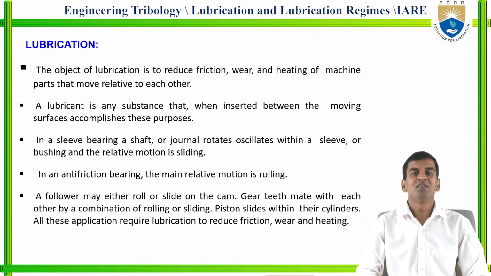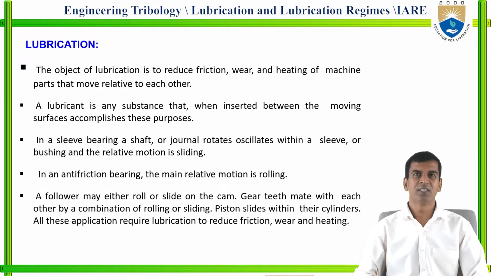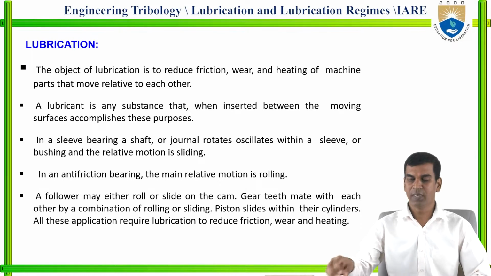A lubricant is nothing but a substance which is inserted between two surfaces which are in relative motion in order to reduce friction, wear, and the heat generated during the parts. Examples of lubricating systems are the sleeve bearing and the shaft, and an anti-friction bearing and the cam and followers.